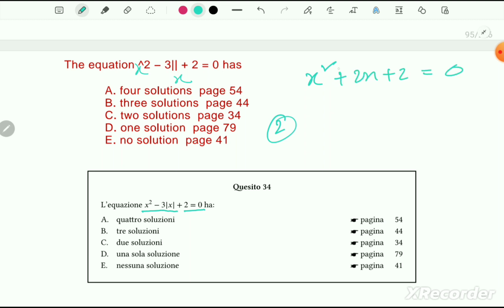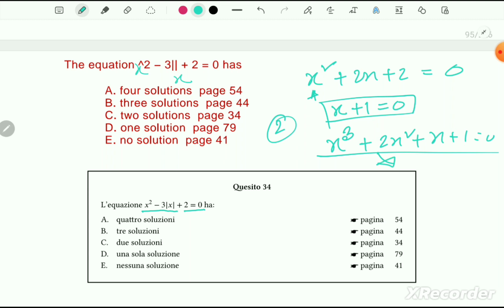So this will have two solutions or two values of x. For a linear equation like this, x plus 1 equal to 0, of course one solution. Then if power is 3, like 2x cube plus x plus 1, for this particular equation there will be 3 solutions, right?